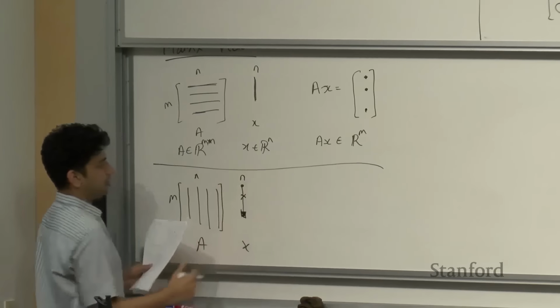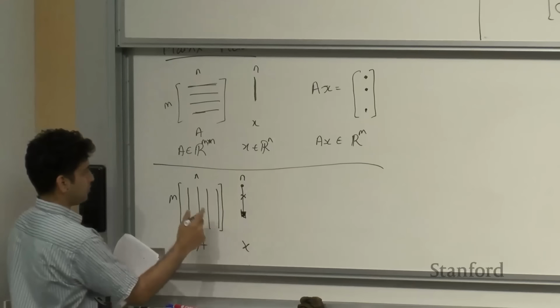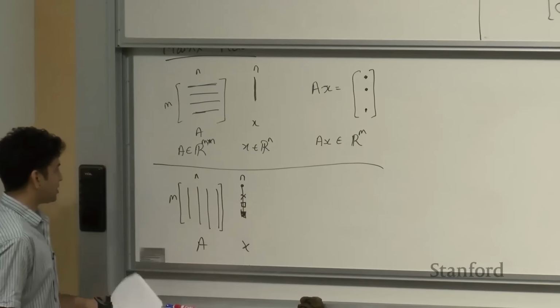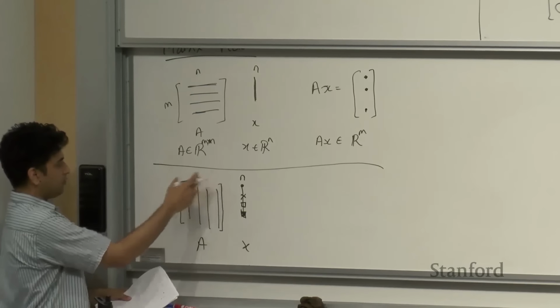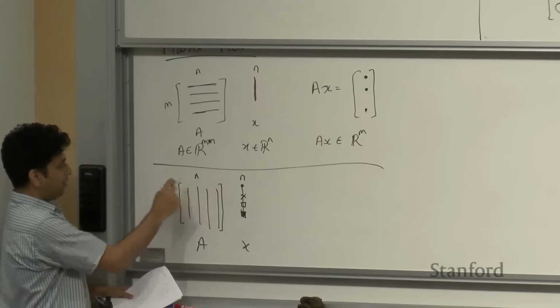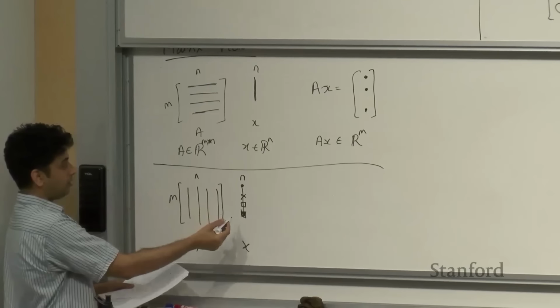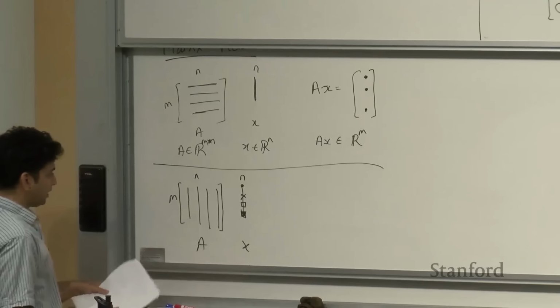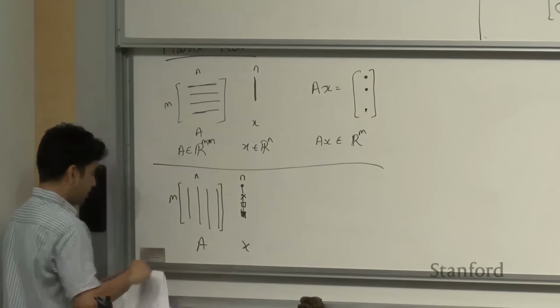Let's assume this has 4 elements, and the n is 4. A is an m by 4 matrix, and you're trying to calculate Ax. The other interpretation here is, let me use some colors.